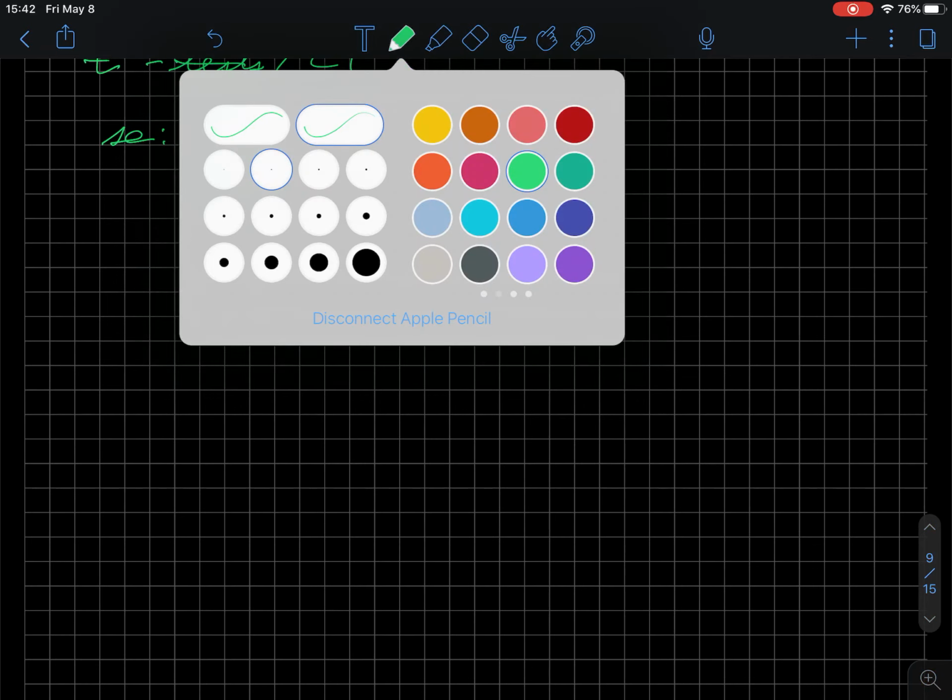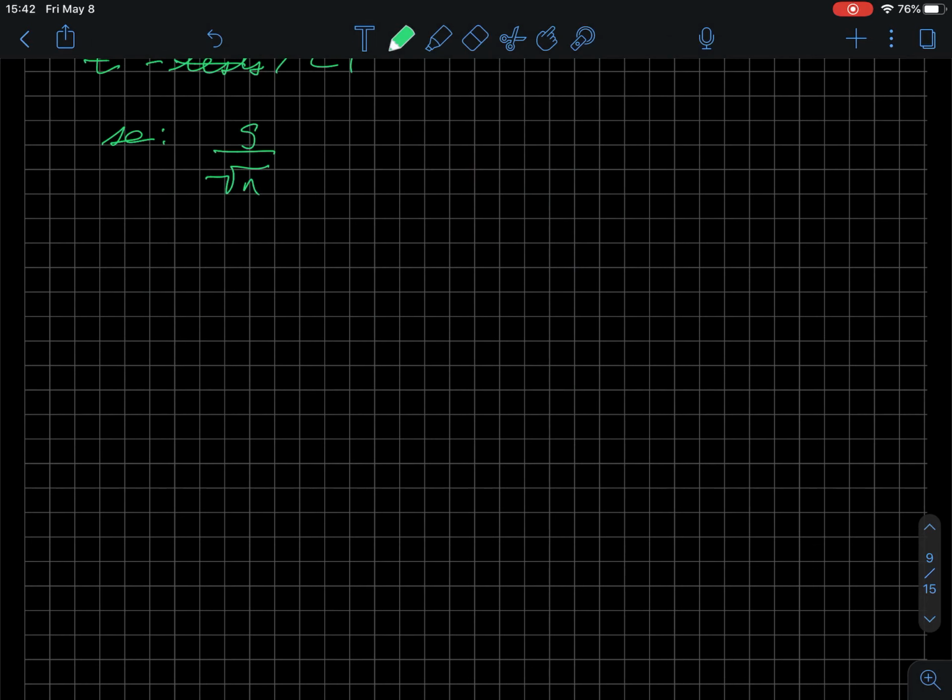But this section is more concerned about what happens if we don't have a large sample. So in the previous examples and videos we looked at, these are all based off of large samples, right?